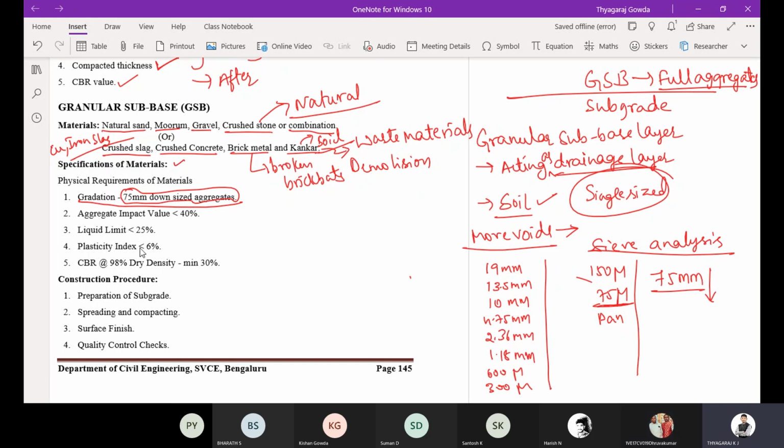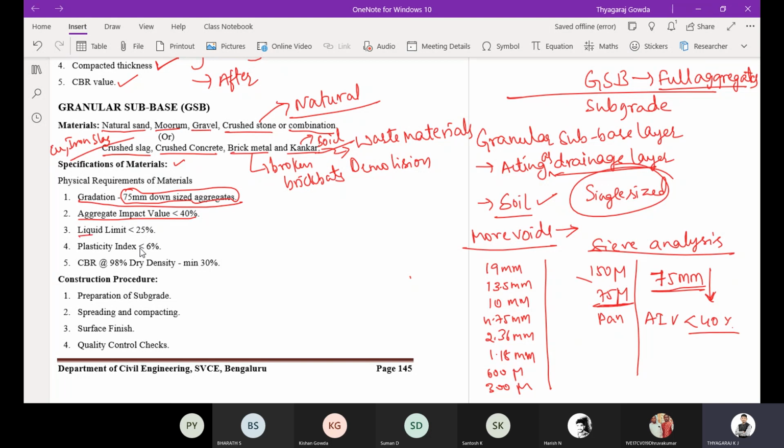Yes, sir. 75 mm down means the aggregates passing 75 mm IS sieve can be used as the GSB material. Then the gradation 75 mm downsized aggregates, aggregate impact value. As we all know how to conduct this aggregate impact value, it should be less than 40%. Whatever the aggregates you are going to use, it should have the aggregate impact value less than 40%.